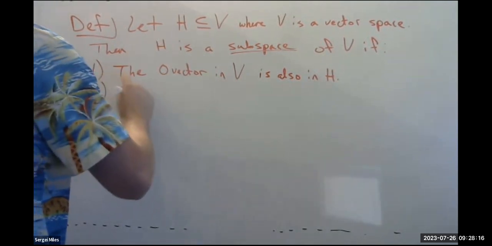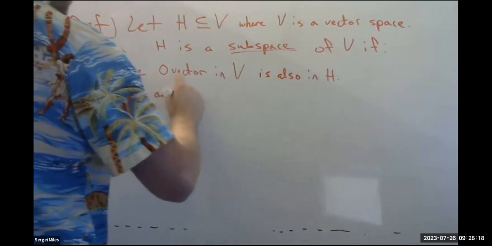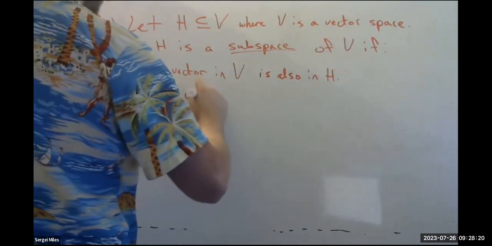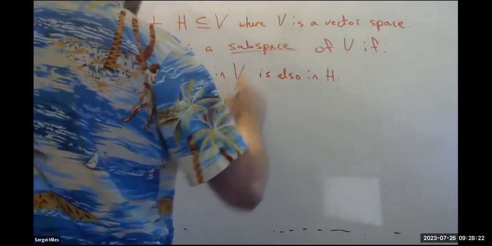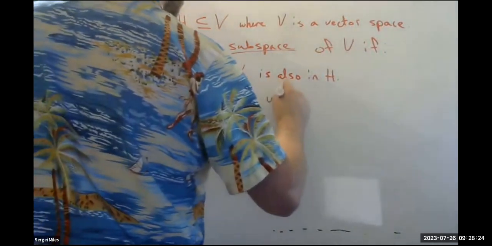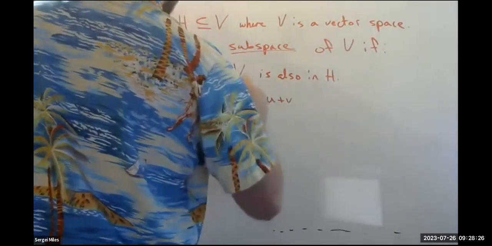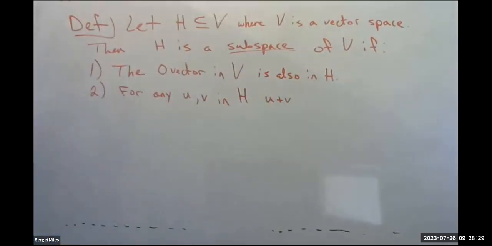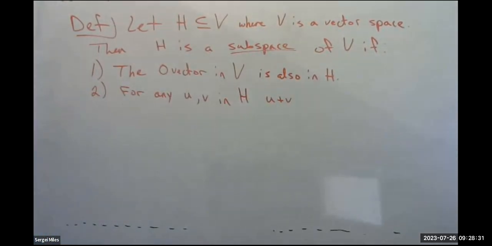Number two, we're also going to require, like before, that for any two vectors u and v in H, u plus v is in H. For H to be a vector space, we don't want any way to add two things together so that we escape the space.